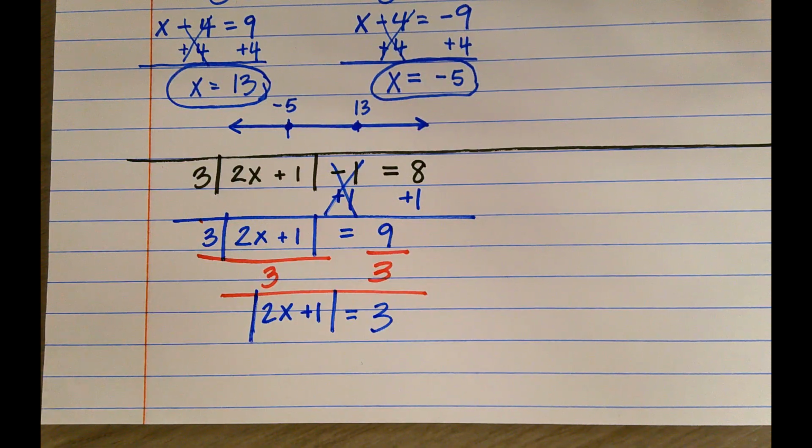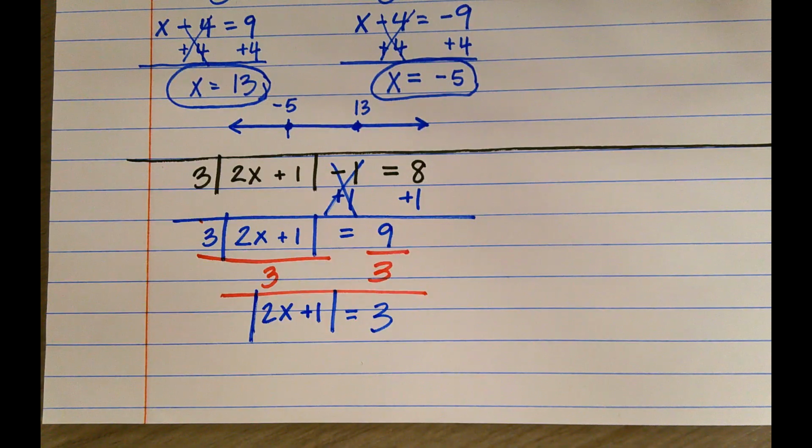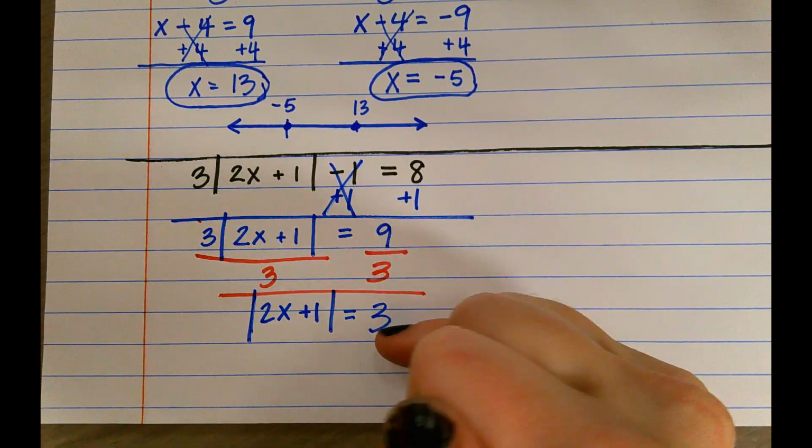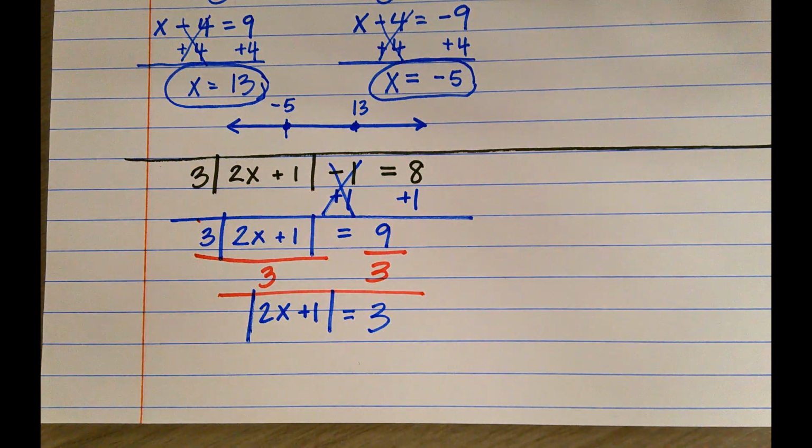At this point in the problem, where would I go from here? Why can we split it now? What makes it okay to split this, but not the beginning problem? Has to be by itself.